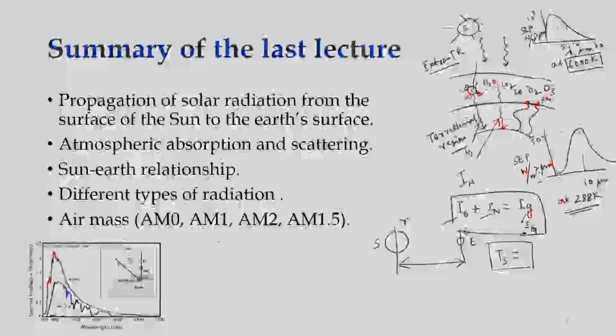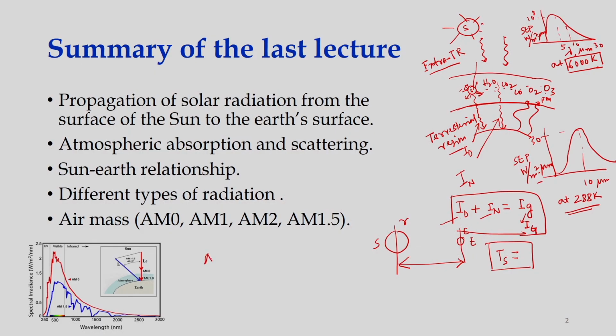First let me write the expression for air mass. It is 1 by cos theta, as we discussed in the last class. For example, if we consider this plot and represent this point as A, this as B and this as C, then AB by BC is 1 by cos theta, and this is known as air mass.